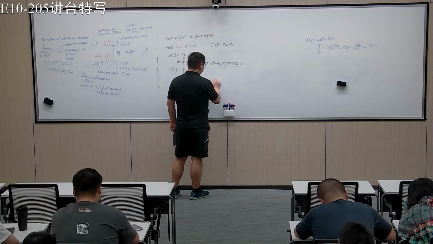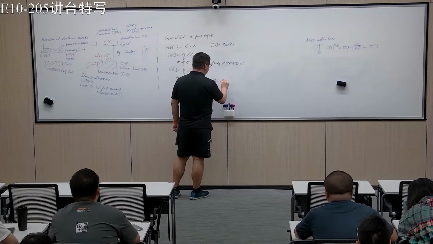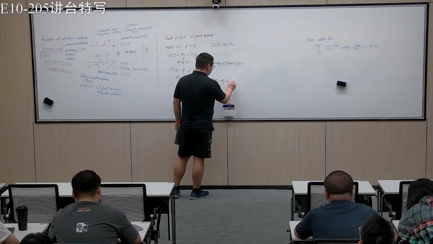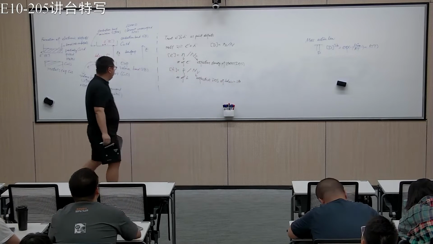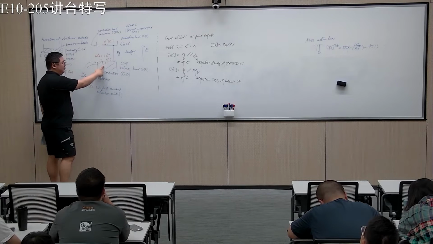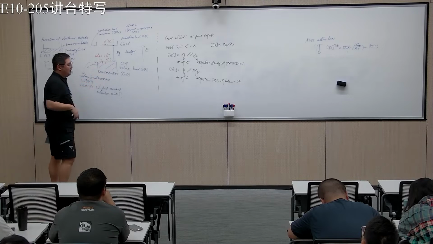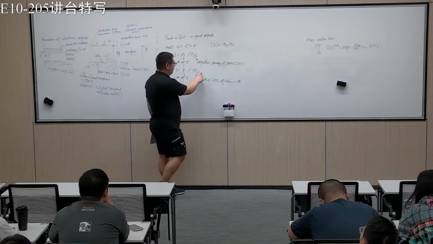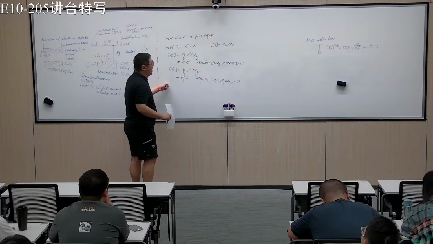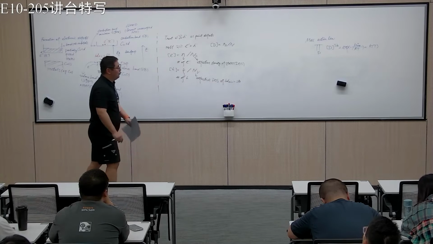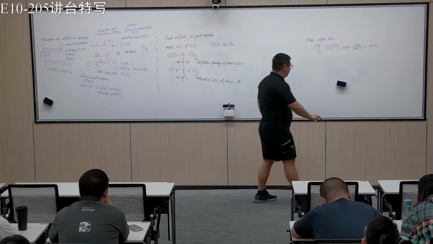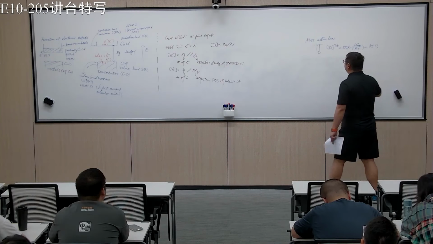Because holes can only be in the valence band, right? So the sites that the holes can occupy is basically NV. Now we have this definition. If we apply it, it's nothing but this one.